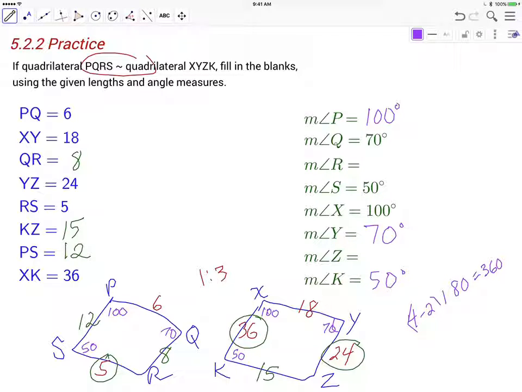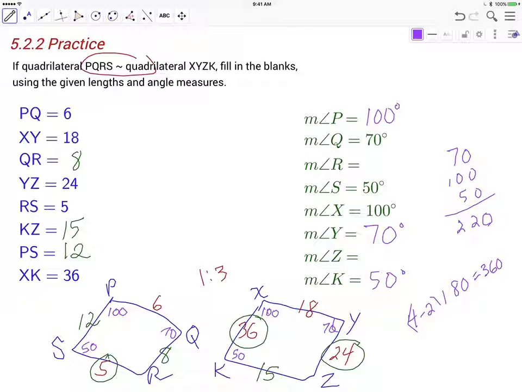And we've already used up 70, 150, and I think that adds up to 220, right? And if we've used 220 degrees, the last one has to be 140 degrees.